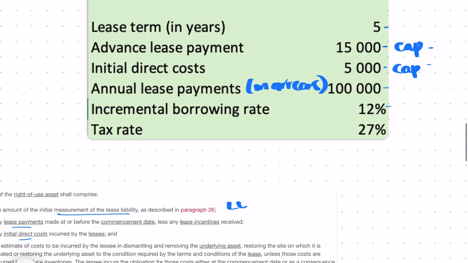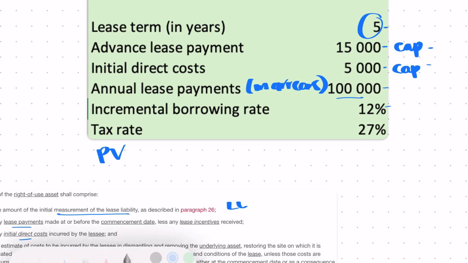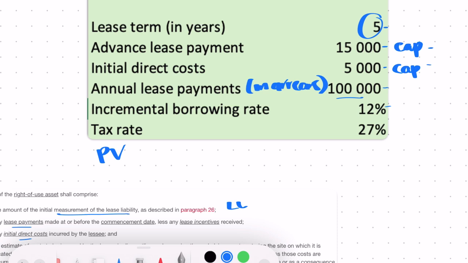Okay, so when you think about it, at initial recognition, we could actually figure out what the present value of the lease liability is. If we put that into our calculator, where N is 5, the payment is 100,000, let me change my color over here so I can write over it.